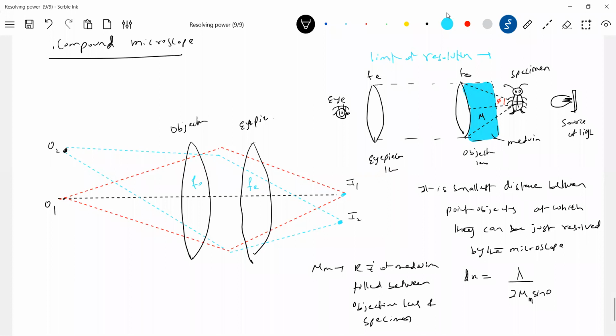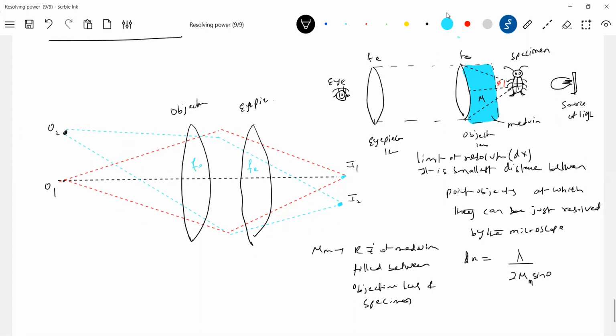Lower the limit of resolution, greater the resolving power. The reciprocal of that is what we call the resolving power.